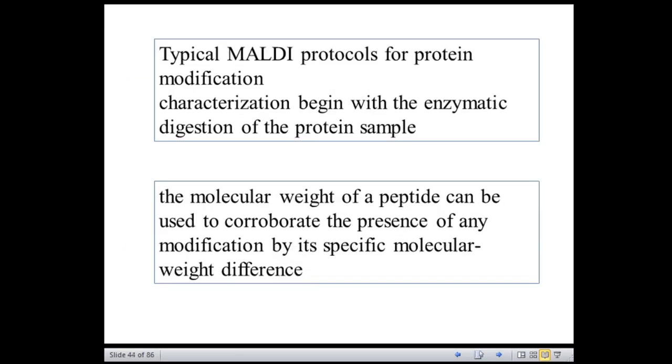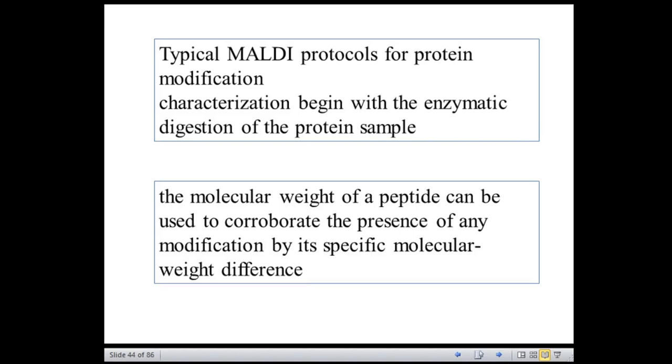So the MALDI protocols for such protein modifications or the characterization start with the enzyme digestion, that is, use of the enzyme to digest the intact protein, thus resulting in a complex mixture of peptides.